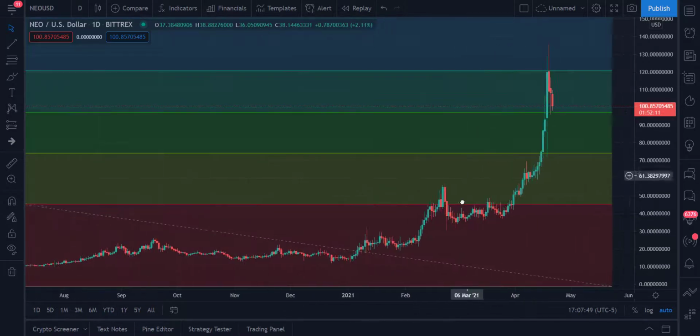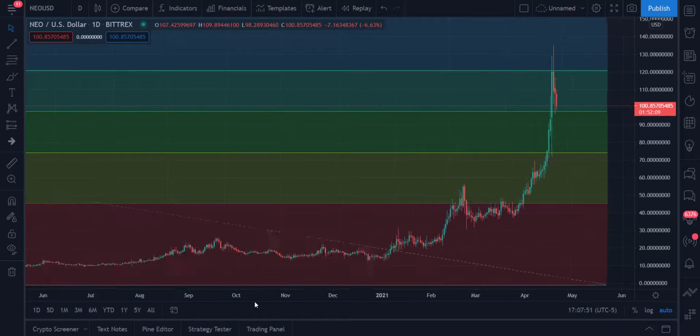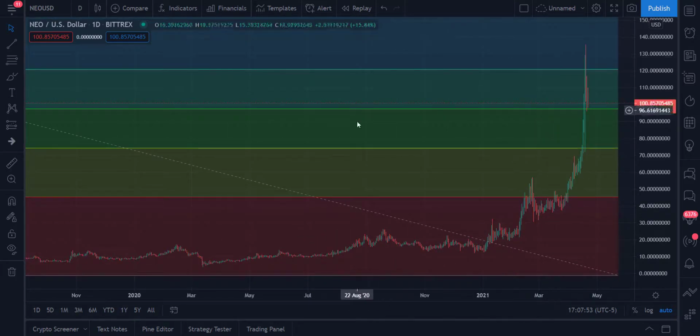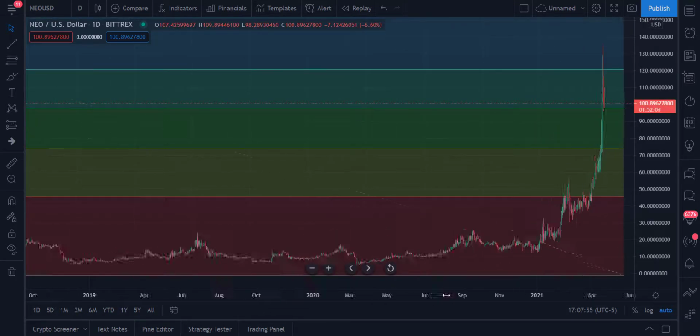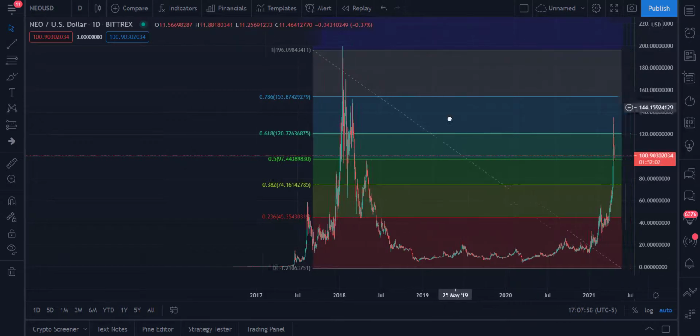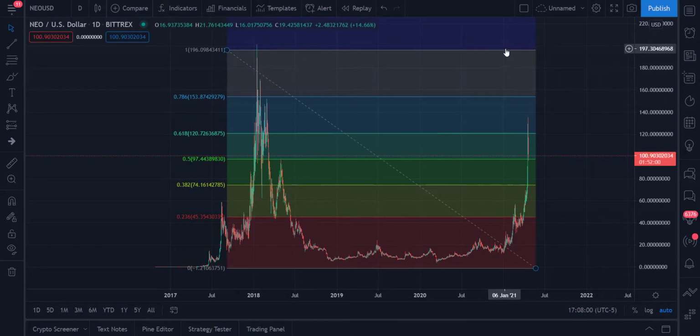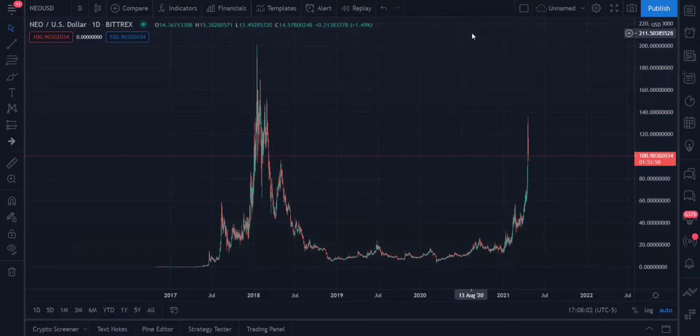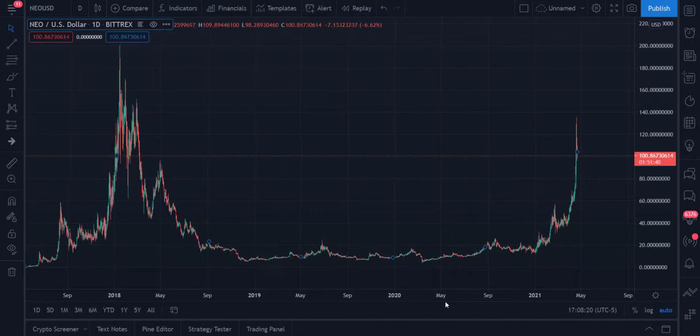So if we do pop, I would in the near term expect a full retestment of this recent high, and if it goes much beyond that, I would definitely be looking for a full retracement of this previous high. So so many of the tokens and coins right now have made new highs, but when you look at this relative to where it's been, this is not a new high, obviously.